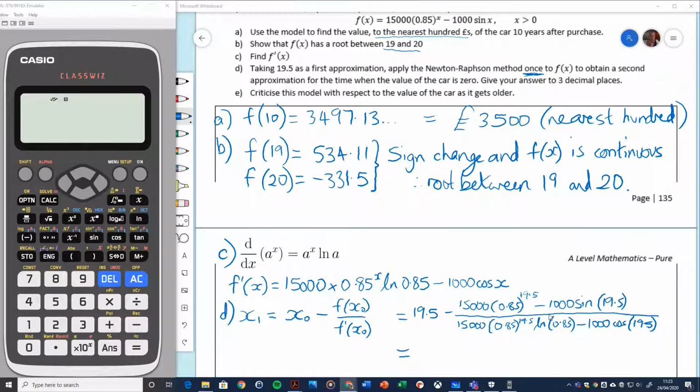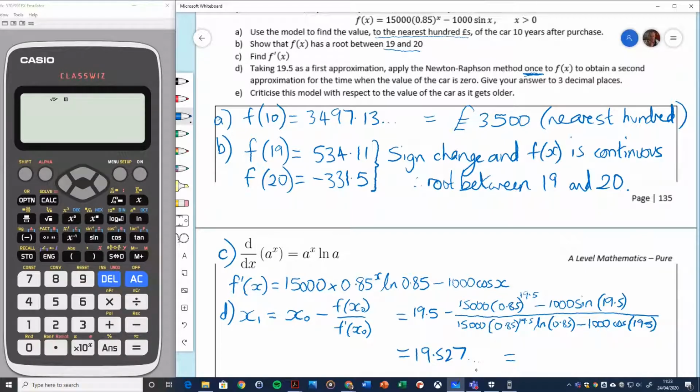I've cleared my screen, so you can't see it on here. And also double check we're in radians, which we need to be because there's differentiation involved. And the answer I got was 19.527, etc. And now checking what the question wants: answer to 3dp.